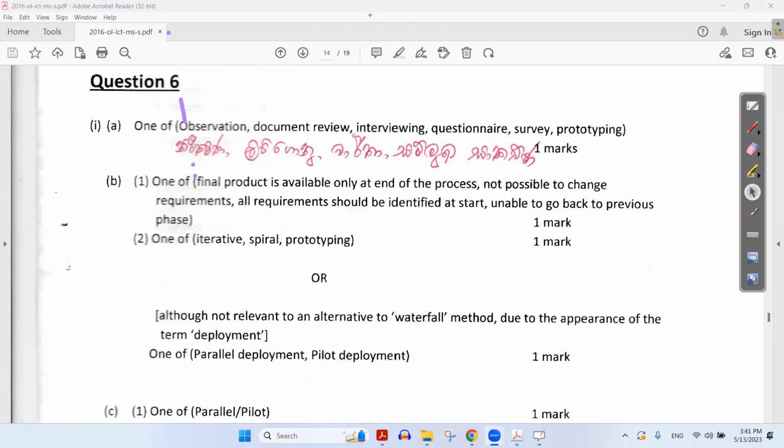Let's go with the marking scheme and see. So for the first one, it should be observation, document reviewing, interviewing, questionnaires, surveys, prototypes, reports. What is the second one? Yes, so for part B, they have given the answer very clearly.